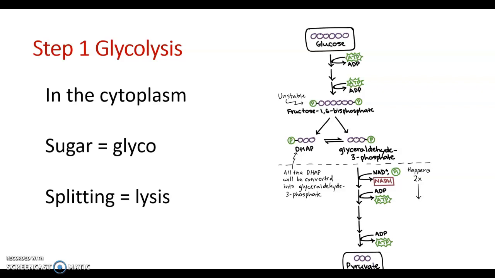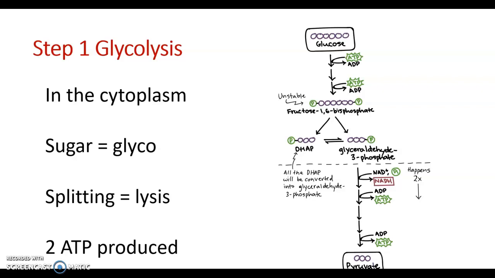Glyco meaning sugar, lysis meaning splitting. So the process of glycolysis is going to involve the splitting of a sugar. Glucose is a 6-carbon sugar, and through glycolysis it's split into 2 molecules of pyruvate, each having 3 carbons.